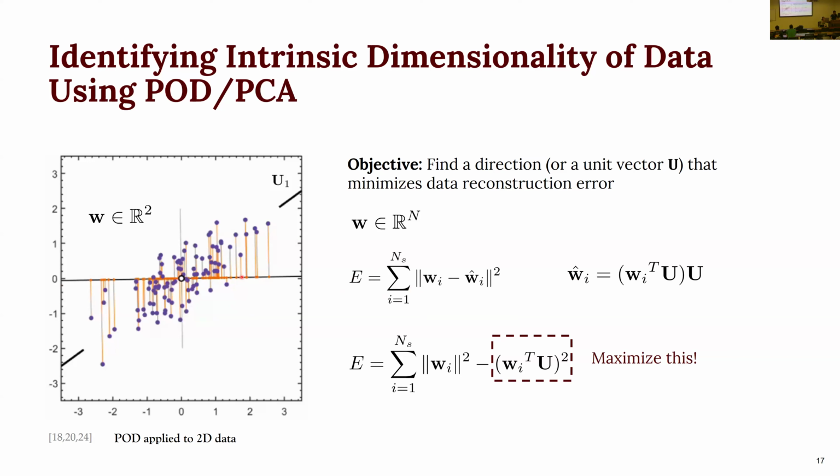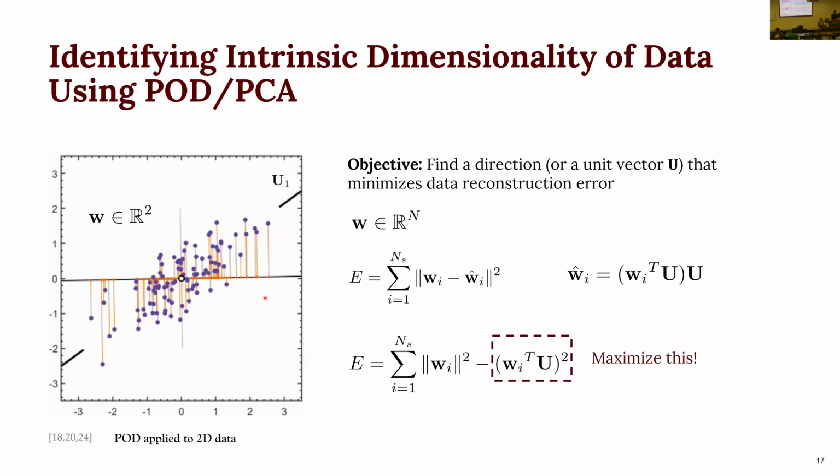So let's consider this point. What is Wi for this point? This is the vector joining the center or the origin to that point, right? This is the original vector Wi, and Wi hat is the vector from this origin to this tiny orange dot.